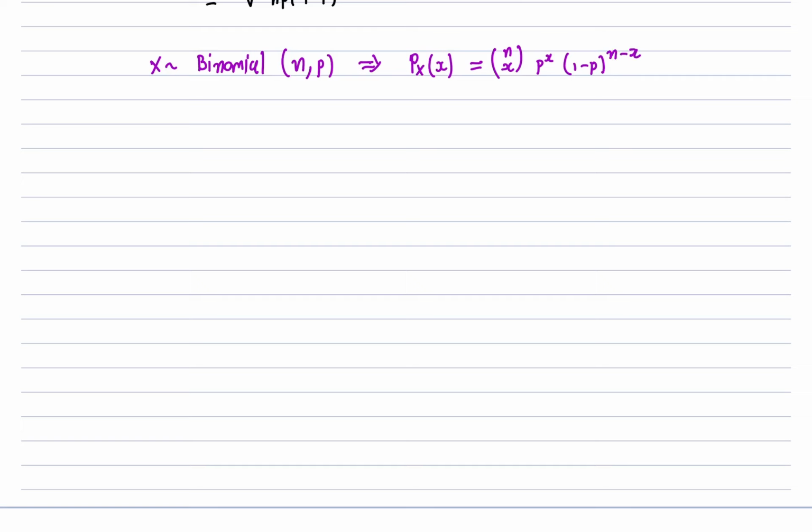But there's another way we can consider the binomial distribution, and that is this way.